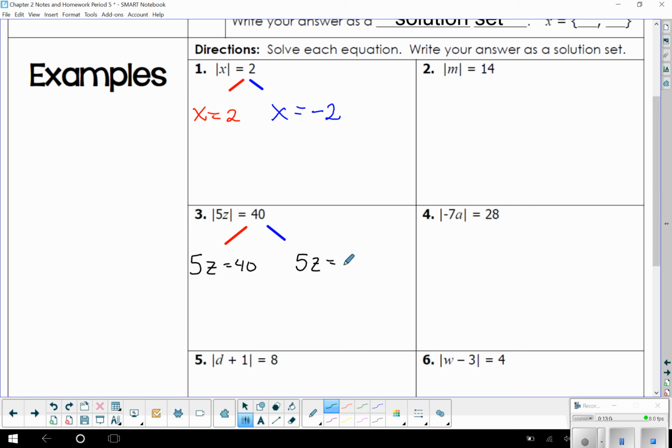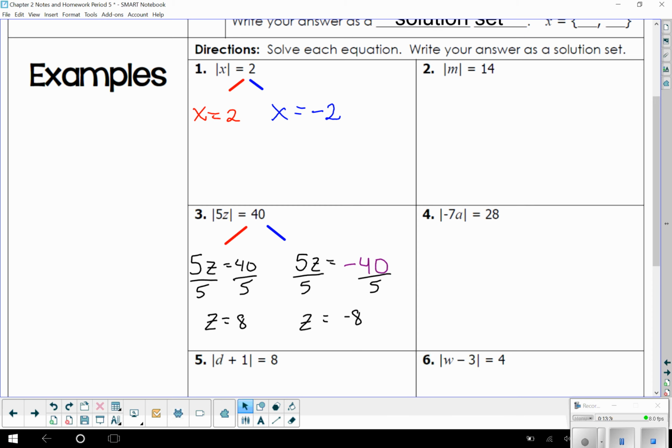And then you're going to make that 40 negative. And then you're going to solve. So this right here is multiplication. We're going to divide. So z equals 8. Divide. Z equals negative 8.